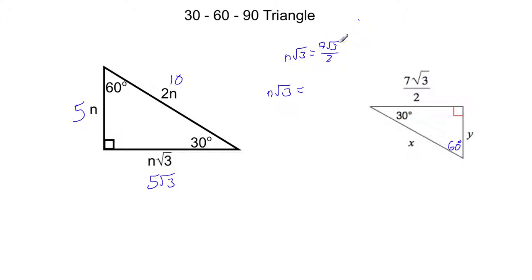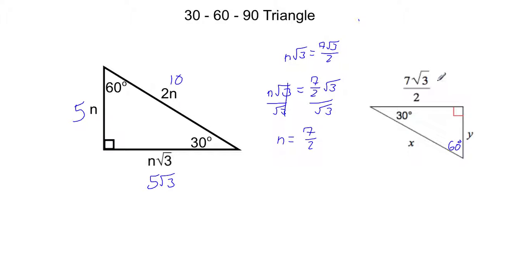Because 7 times square root of 3 divided by 2, that's the same thing as 7 halves times the square root of 3. Now if we have n times the square root of 3 equals 7 halves times square root of 3, n must equal 7 halves. If we can't gather that, we can divide both sides by square root of 3 to isolate n. We get that n is equal to 7 halves.